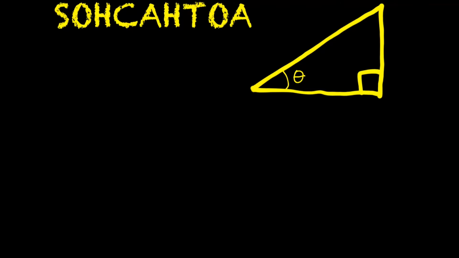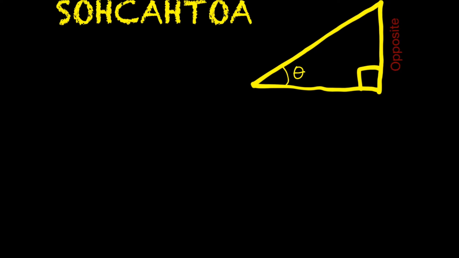The side opposite of this angle theta, we're going to call the opposite side. So we'll label that one as opposite. Now this side next to the angle, this side right here, we're going to call that the adjacent side.